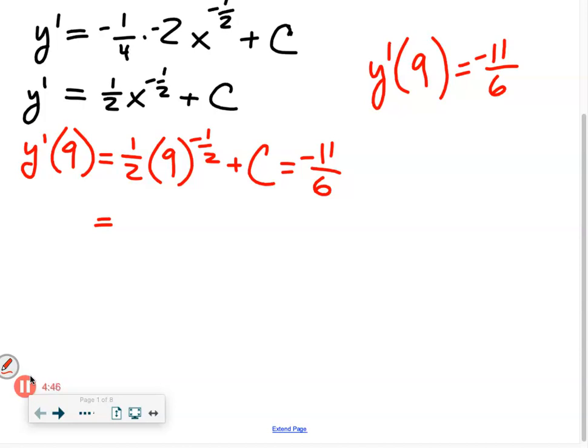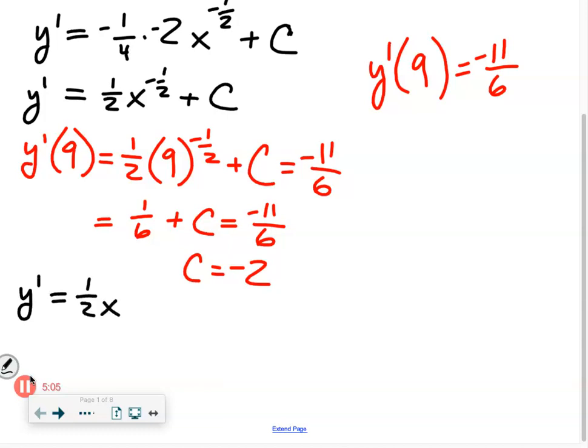So 1/2 times 1/3 is 1/6. So when we subtract, we get -12/6 or -2. So now we've got a new y prime. y prime equals 1/2 x to the negative 1/2 minus 2. That was the hard part. Once you get past that, life is really okay.